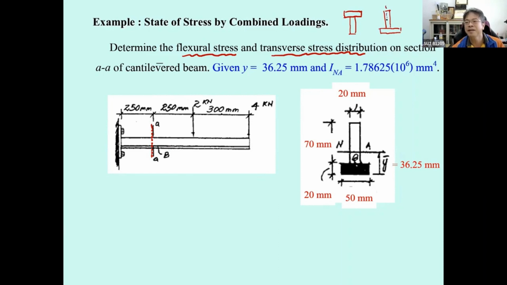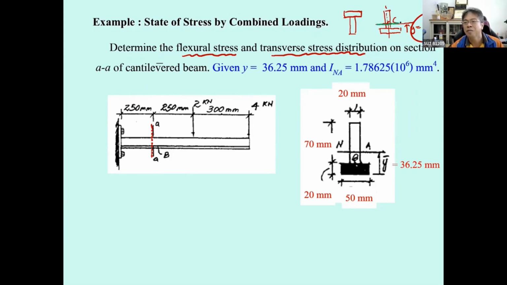And based upon this, they provide us with the position of the centroid to be y equal to 36.25 millimeter. Okay, if not, you've got to find this by yourself. So go back and review how to determine the centroid.